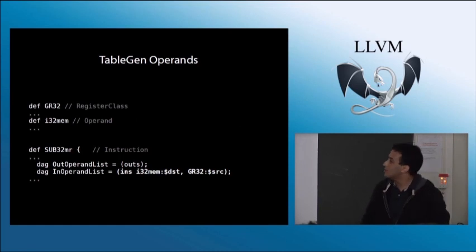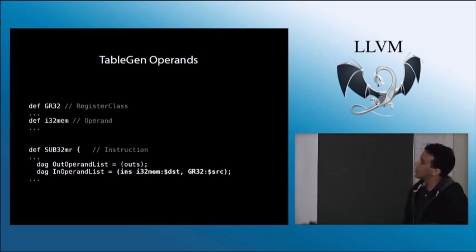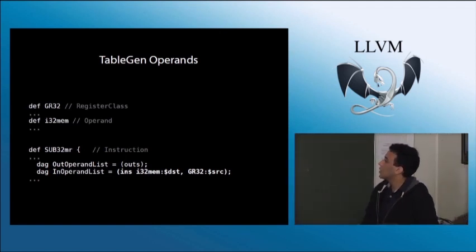If you look at the TableGen operands, here we have the sub32 instruction. What's interesting for us in the out and in operand lists is the i32 mem operand, which is the base scale index offset operand. In TableGen, it's defined as the operand class. We also have the GR32, which is a register class.